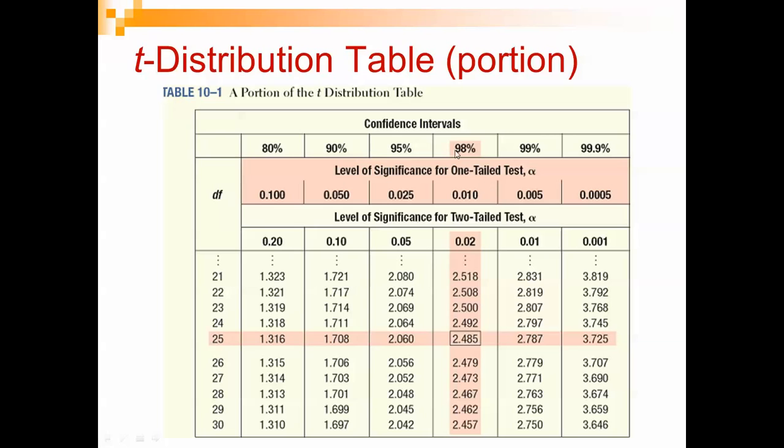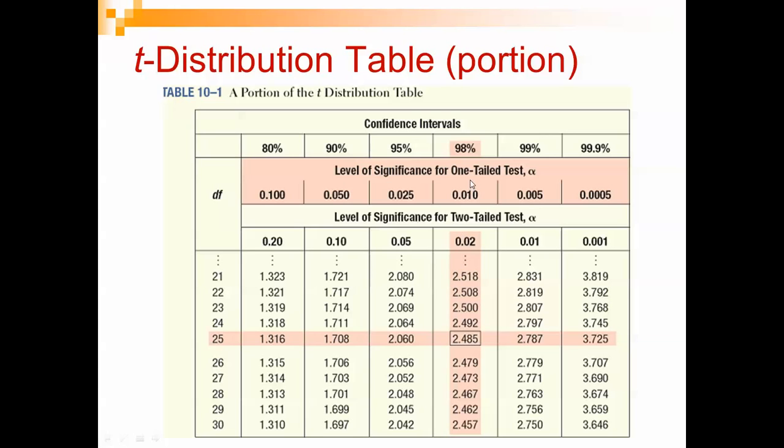Now where it can get confusing is if you start looking at the confidence intervals up here. We don't want to do that. We want to look at the one-tailed test, and you're going to look at 0.01. Obviously, we only have specific amounts in here, so it goes from 0.01 to 0.005. We don't have a 0.008 in there. So there are limitations of using the table.